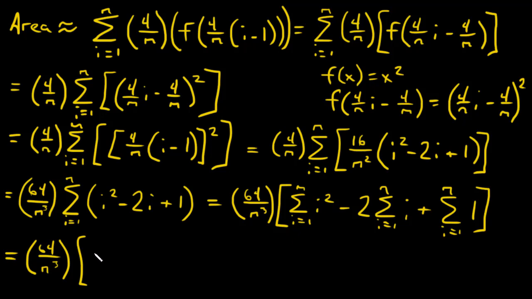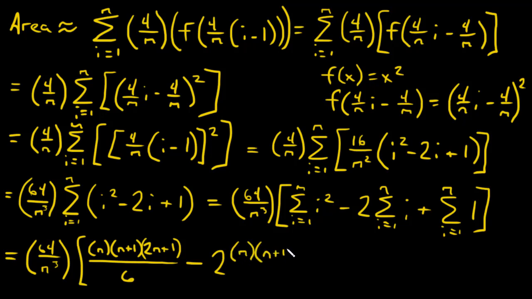Well, the summation of I squared evaluates into n plus 1, 2n plus 1 over 6, minus, that is a minus sign right there, minus 2 times n plus 1 over 2, plus n times 1, n. All right, we're getting there. Let me clear this and we will continue.